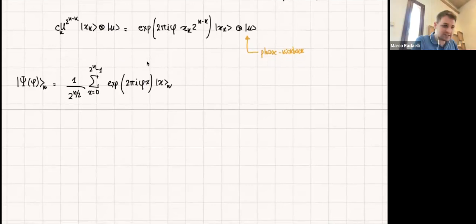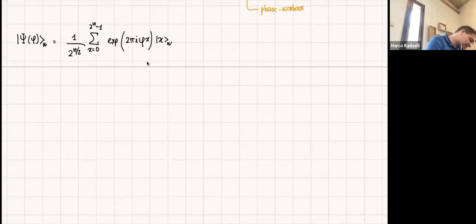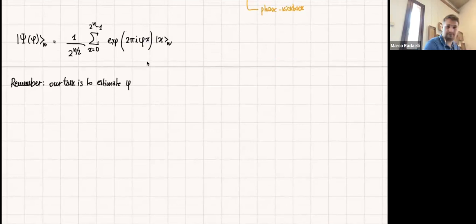Why should this be of interest if I want to estimate φ? Remember that our task is to estimate φ. It is of interest because we can apply the Fourier transform.